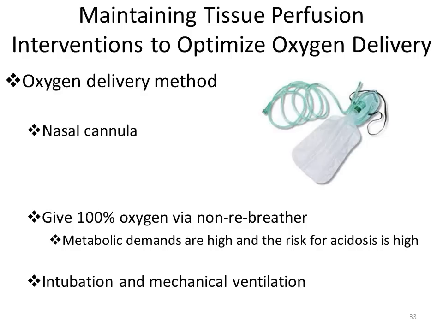So I put here on your slide, first you go to nasal cannula, then you go to 100% non-rebreather, and then after the non-rebreather, if they're still having difficulty, intubation and mechanical ventilation. A lot of times, it's not that they can't breathe, it's just that the work of breathing becomes so difficult and it takes up so much of their energy that we end up needing to support them.